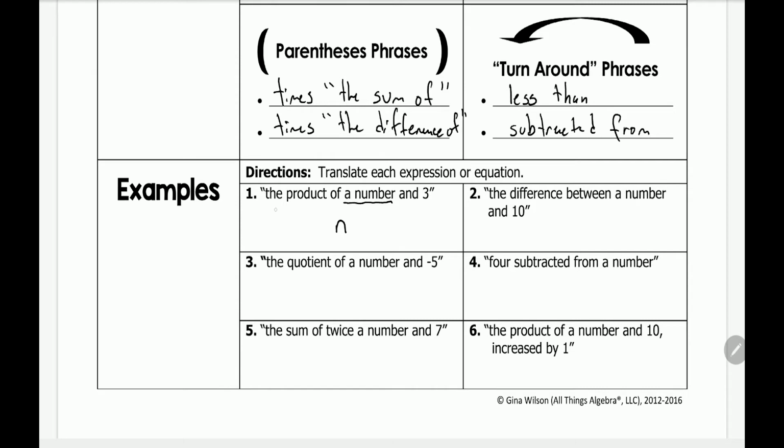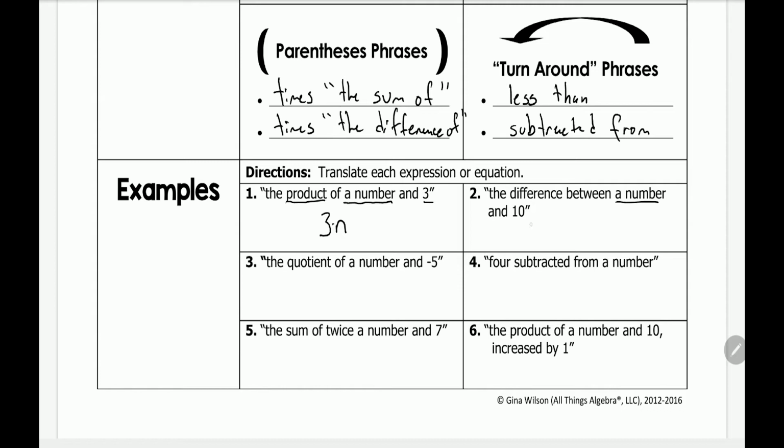The product of a number and 3. Product tells me it's multiplication, and then I have a number and 3. So that just means 3 times some number, or 3n. And that's the first example. The second one: the difference between a number and 10.